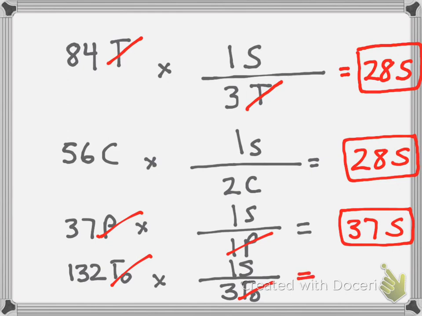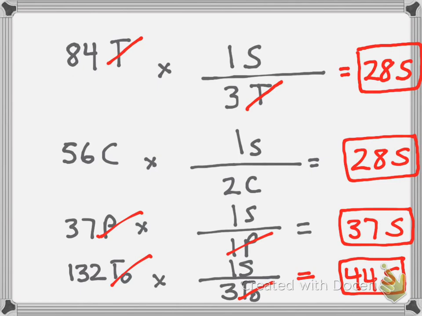And so we're going to have 132 divided by 3, which is going to be 44 Saudis that can be made from the tomatoes. I can make more Saudis from tomatoes than I can from pickles, or from either turkey or cheese.